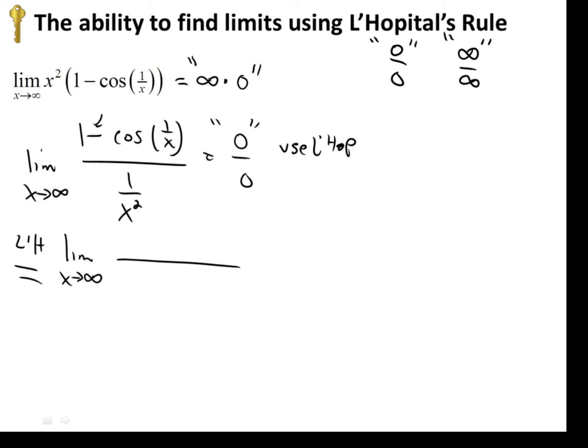Negative sine. Now this negative is already there. So we're going to have positive sine of 1 over x, but since that's more than an x, we can't stop there. Chain rule says keep going. Multiply by 1 over x's derivative, which is negative 1 over x squared. Its integral is natural log of x, but its derivative is negative 1 over x squared.